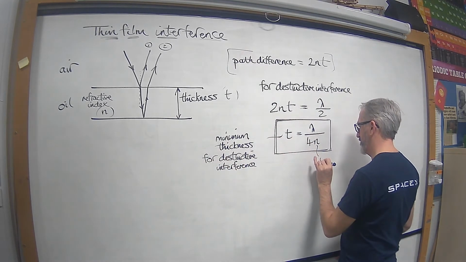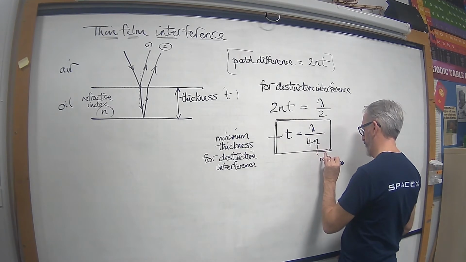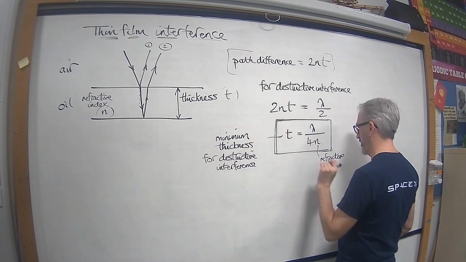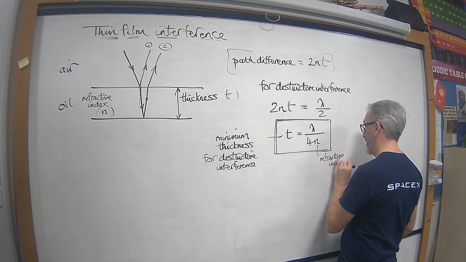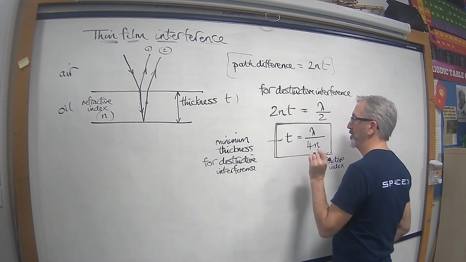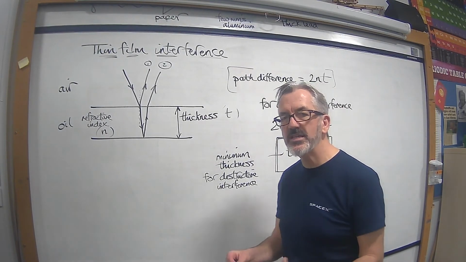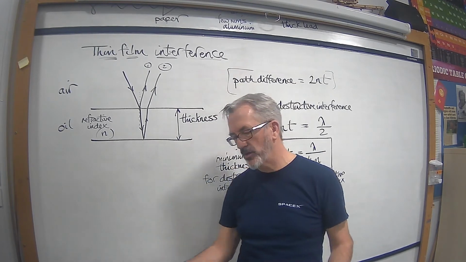The N is the refractive index. Now, as you can see, that thickness depends on the wavelength. So you'll only get destructive interference for one particular wavelength. That's why you see a spectrum or a rainbow in a pattern of oil on the ground.